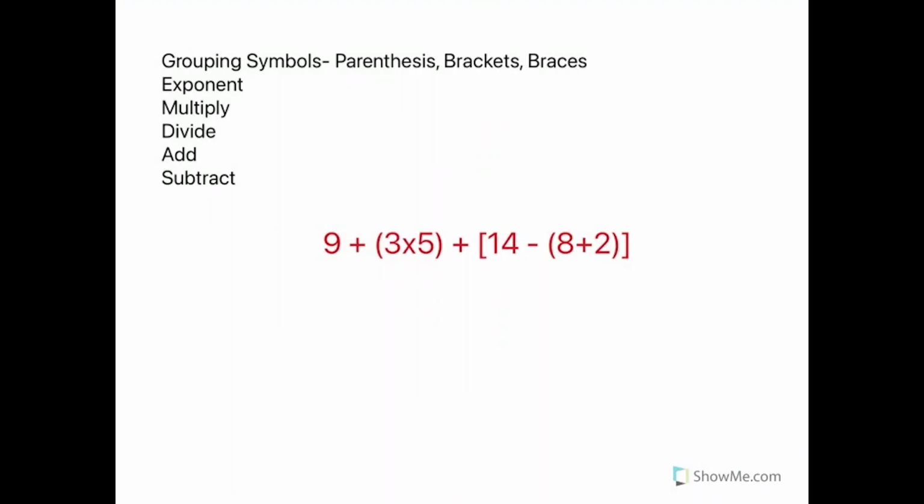In this episode, we are going to continue exploring order of operations. I made an order of operations video that just showed parentheses. Well, today we're going to add to that with brackets and braces.